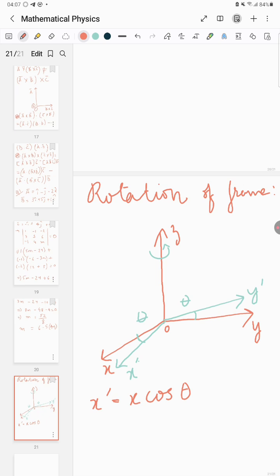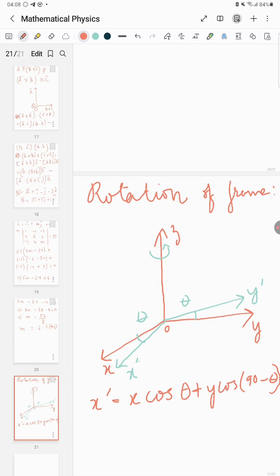So X prime would be X cos theta plus Y cos(90 minus theta). Why 90 minus theta? Because if you carefully look into the diagram, you will see that the angle between X prime and Y is theta less than 90 degrees.